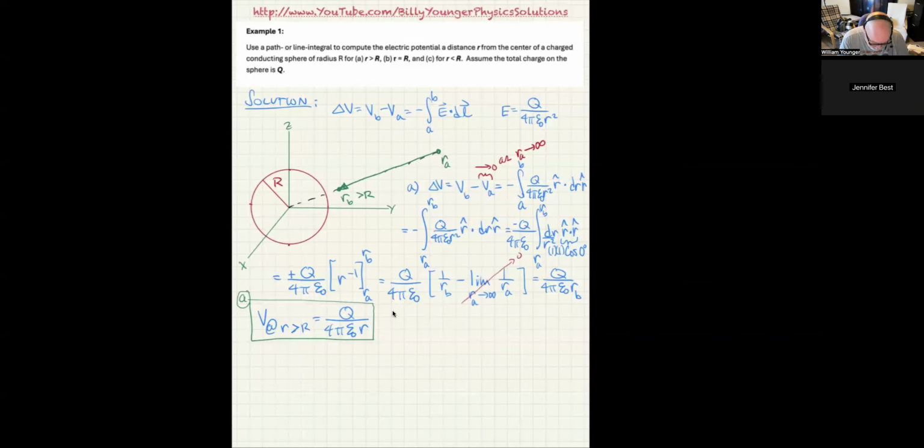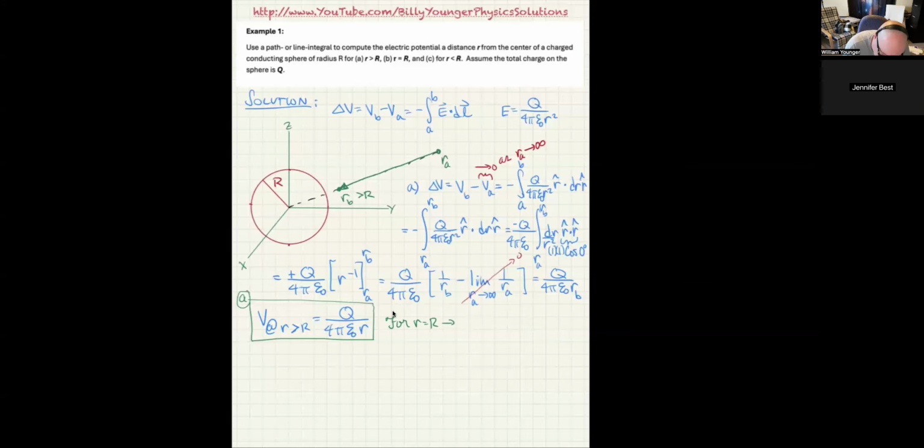The next part we have to deal with is for R equal to big R. So what I'm going to say is for R equal to big R, we just get V at R equals big R just becomes Q over 4 pi epsilon naught big R. Oops, I really should have written that all in blue, except for maybe the words, which I could leave green.